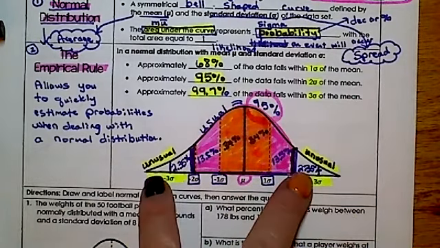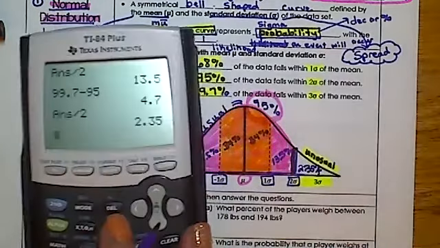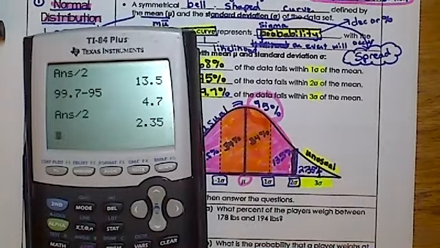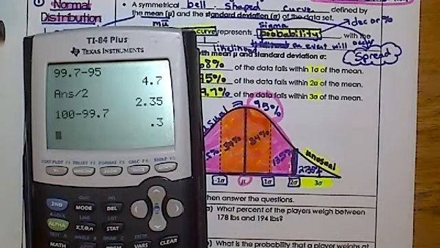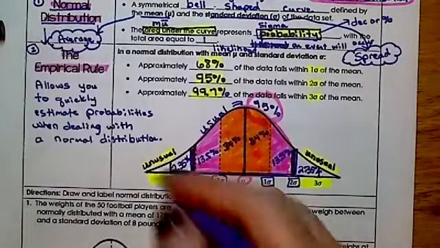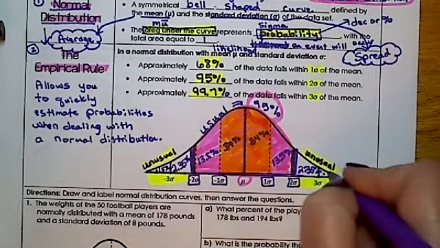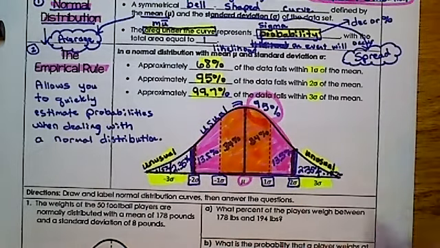So it's going to run completely to that x-axis and total 100%. So I'm going to take 100 minus 99.7. I'm going to divide that by 2. So you would have a 0.15% way out there, and the whole curve is totaling 100.